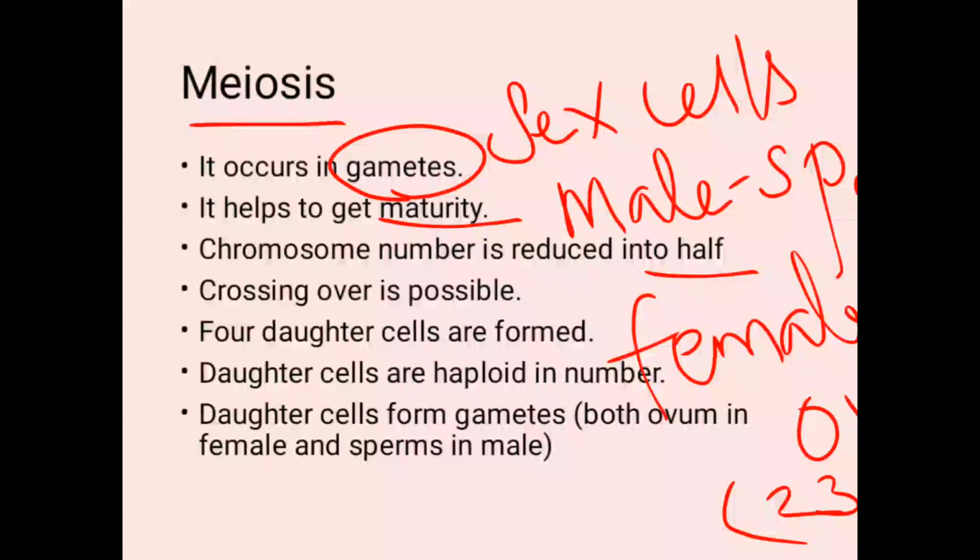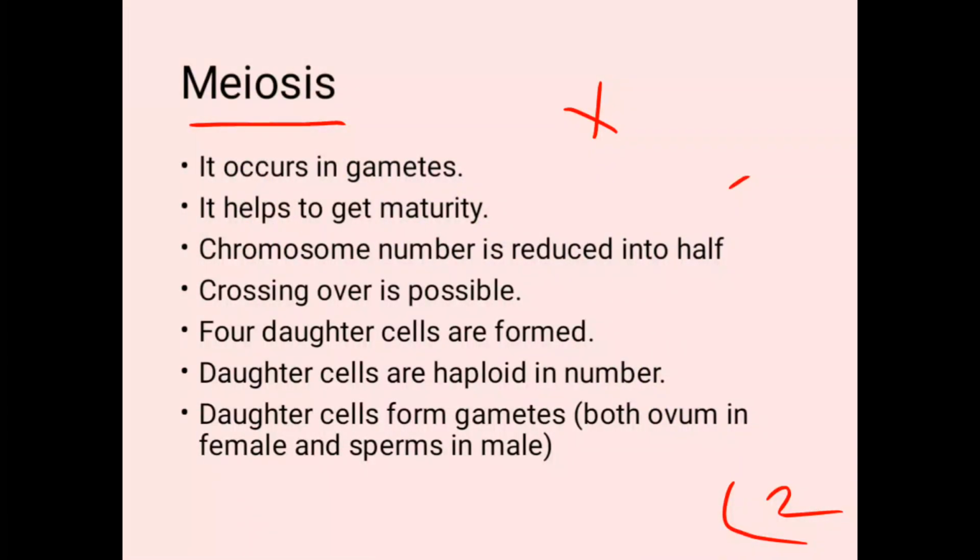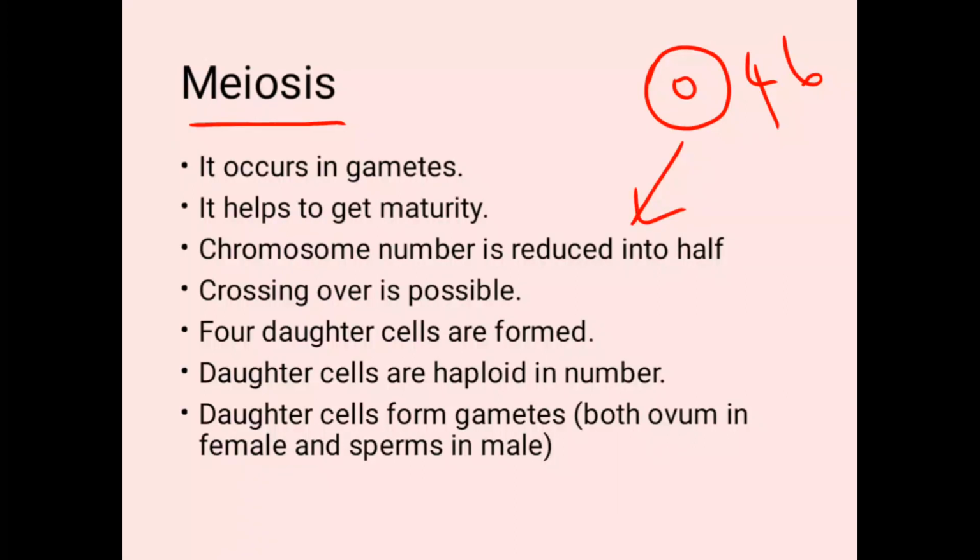So in meiotic division, listen carefully. This is the parent cell, 46 chromosomes. It is divided into two daughter cells.